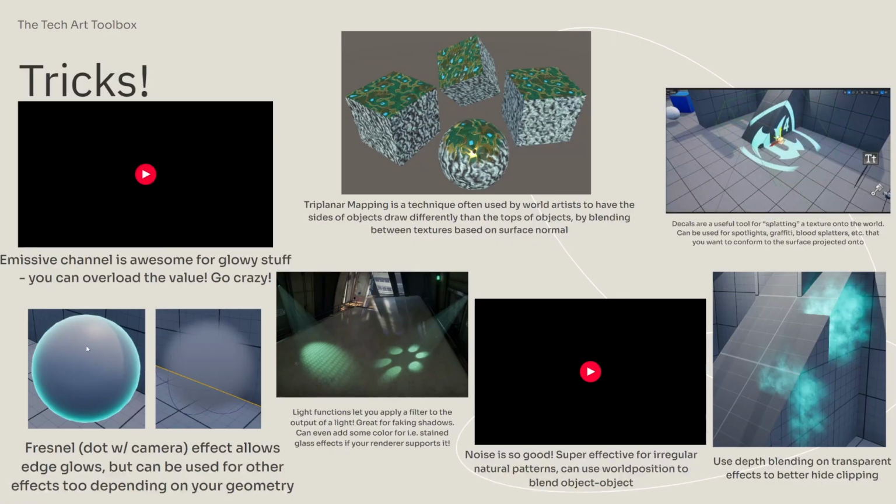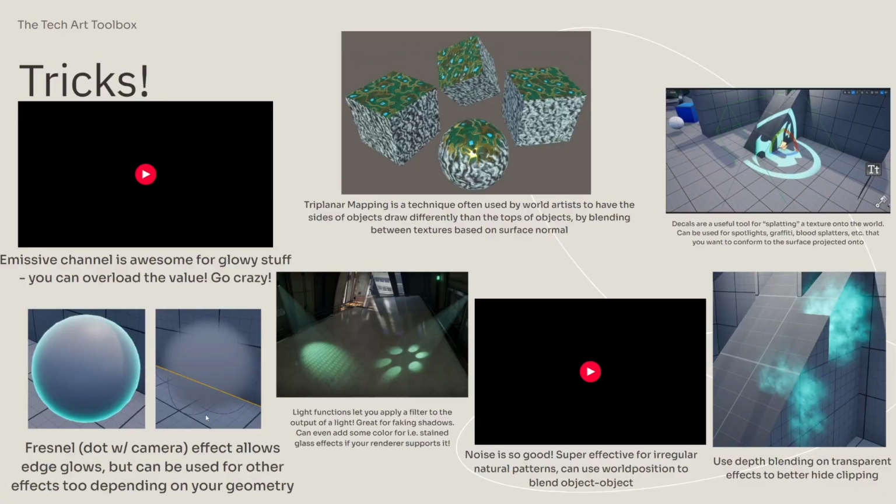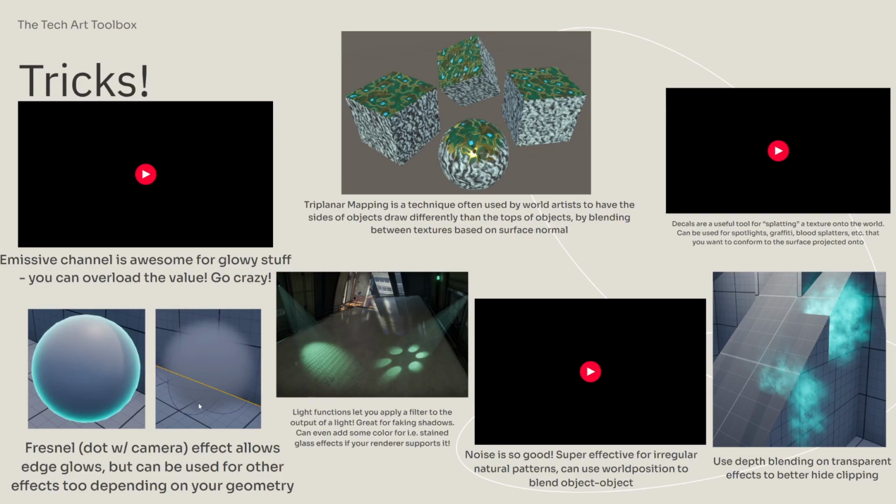Let's see. Yeah, Fresnel, I think it's pronounced, is like if you've ever played an old video game that has pickups that glow on the edges, that's typically a Fresnel effect. But you can use that for other things like blurring out the edges of objects if they're curved and you want them to be a little more smoky.